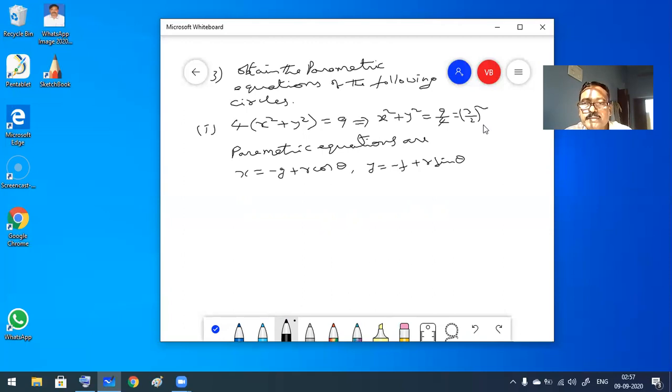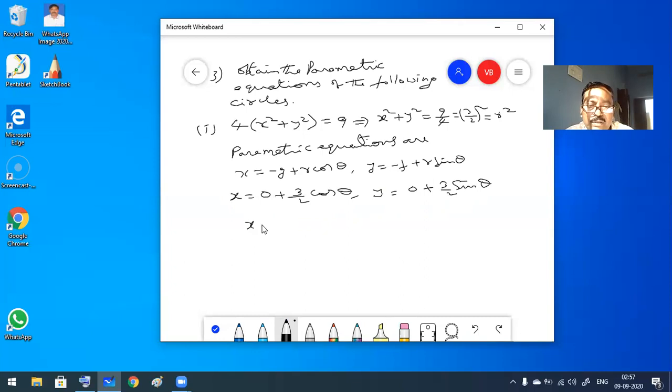So therefore center is 0 0 and R is equal to 3 by 2. So therefore parametric equations x is equal to 0 plus 3 by 2 cos theta and y is equal to 0 plus 3 by 2 sin theta. Okay.